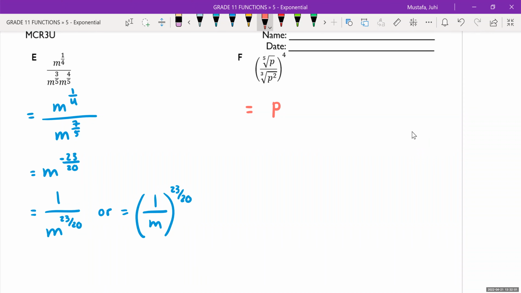The index is 5. There's a little 1 over here, so it's going to be 1/5. Over. And the denominator is going to be p to the power of, where's it? 2/3. Good. All to the power of 4.